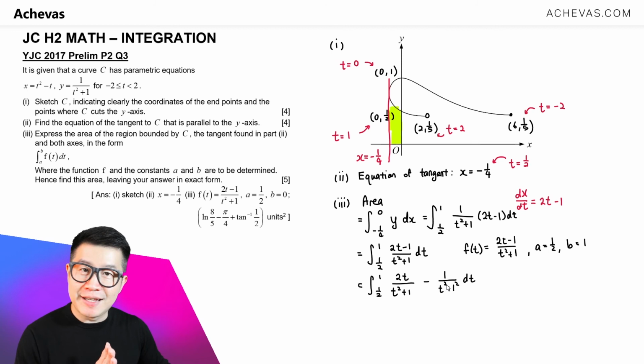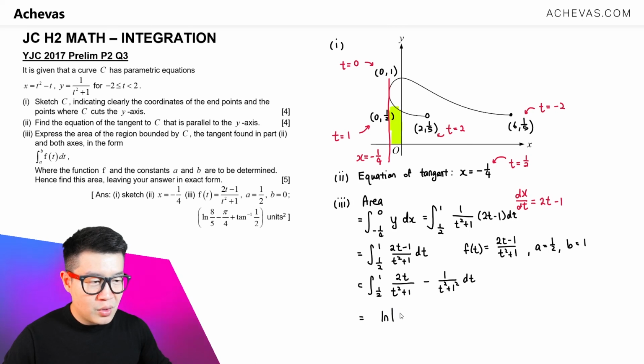Okay, it matches exactly to what we have in our formula sheet. So integrating this will get us ln modulus of t squared plus 1. And since the expression here is always positive, instead of modulus, you can replace this modulus by a curved bracket. Or if you want to leave it as modulus, it is also fine.